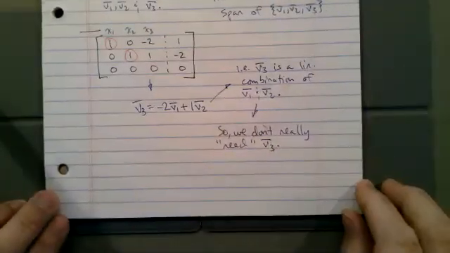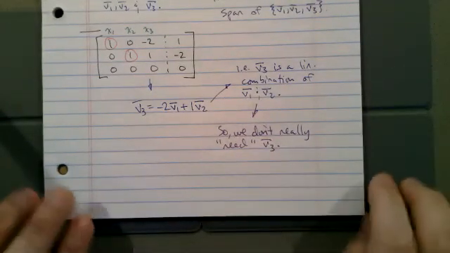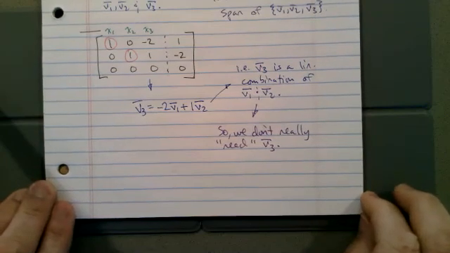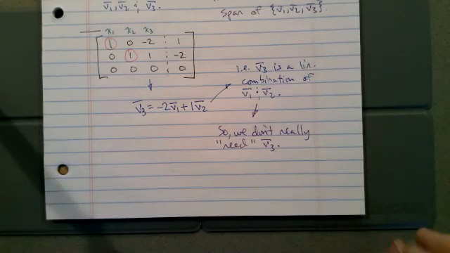It's extra. This is not technically how we define linear independence. This is how we think about linear independence. Don't need v3. I can build it out of v1 and v2. Maybe there are some situations it'd be nice to have, but I don't really need it.